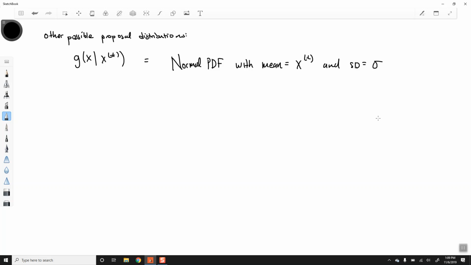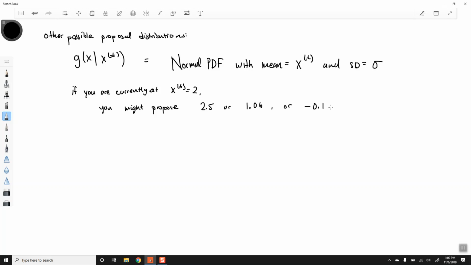Now you will propose continuous values. If x at time t is 2, you might propose 2.5 or 1.06 or negative 0.1.